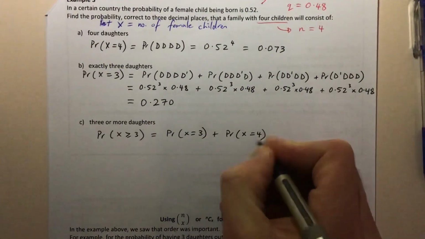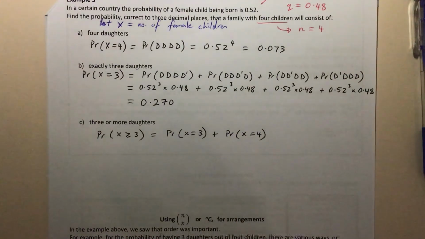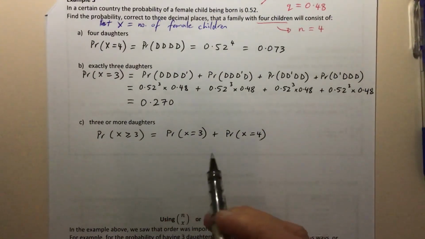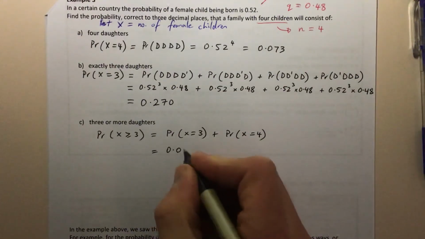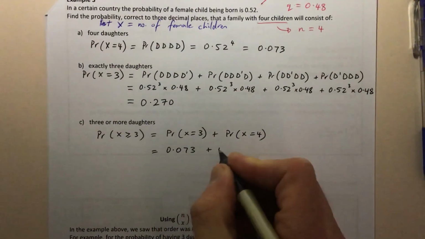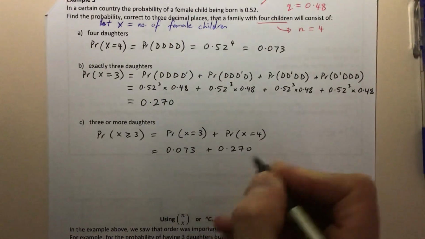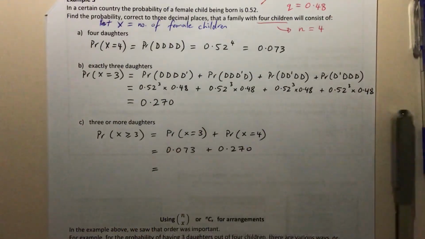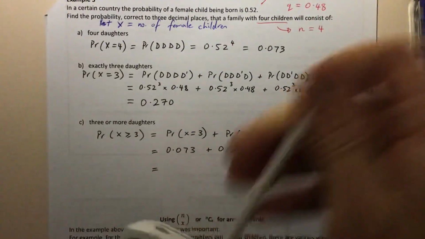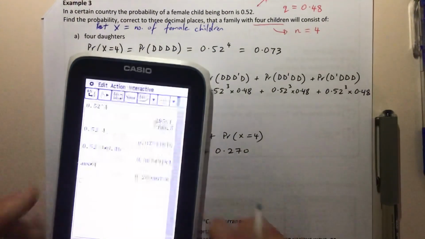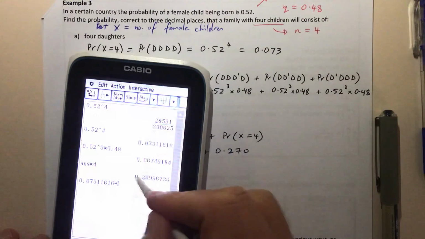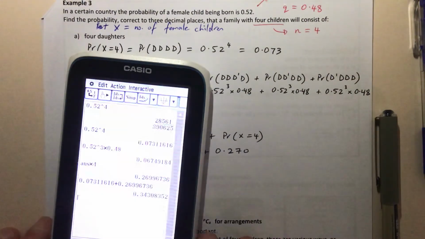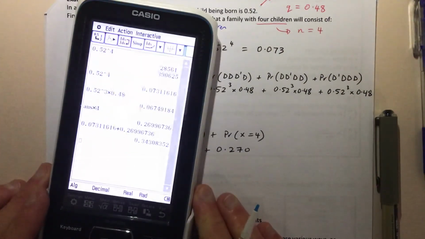And it can't be more than that because the number of trials is only 4. And in part A and part B, we've already worked out those 2 probabilities. So it's 0.073 plus 0.270. I've already got those numbers on my calculator, so I can add the two together and get 0.343.